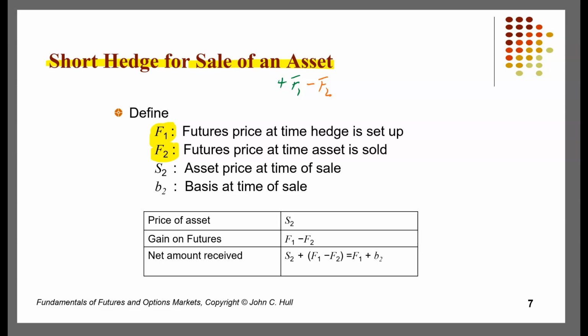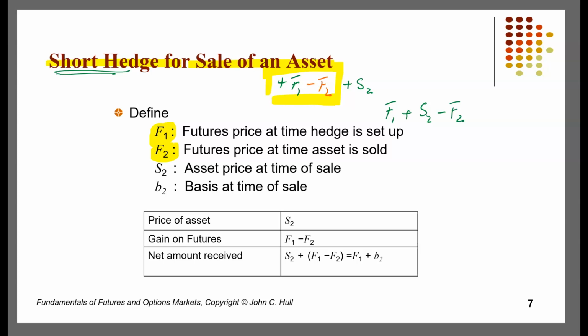This closes out our contract. The next step is to actually sell the underlying out in the market, and when we sell it, we're receiving S2, that's why we have a positive sign there. So we could rewrite this as F1 plus S2 minus F2.